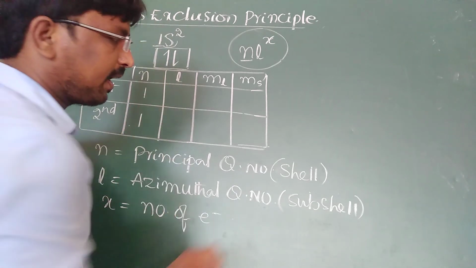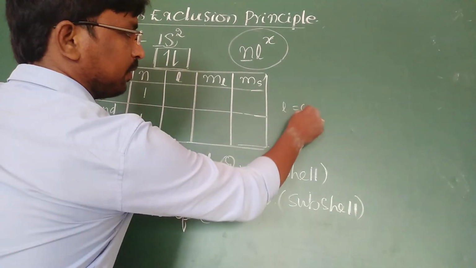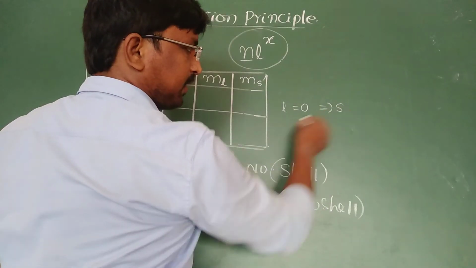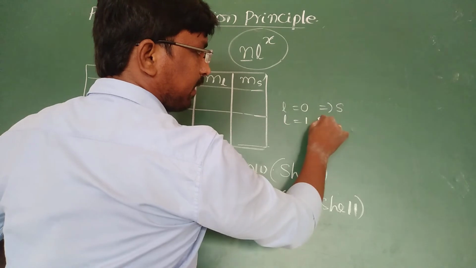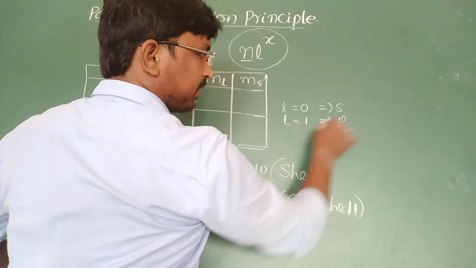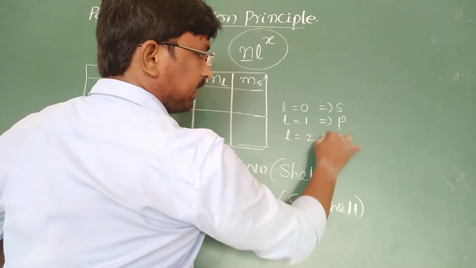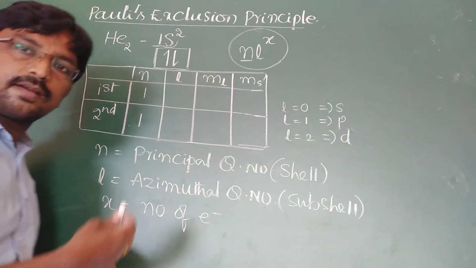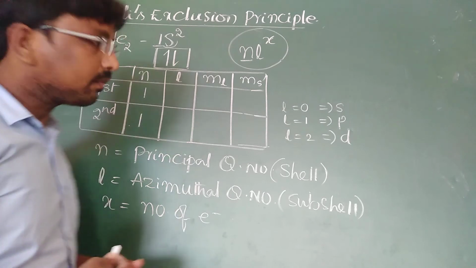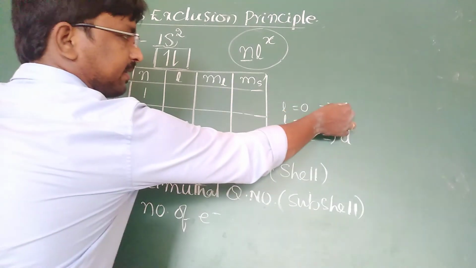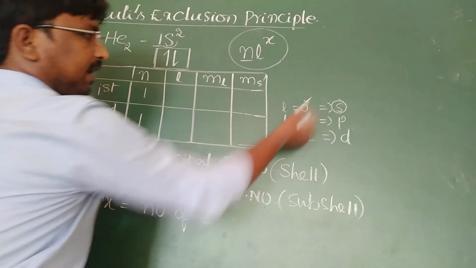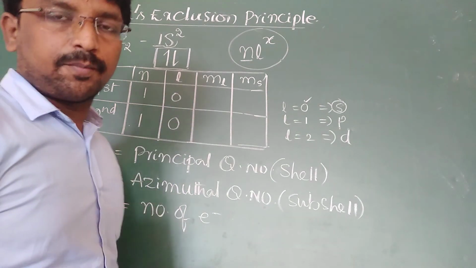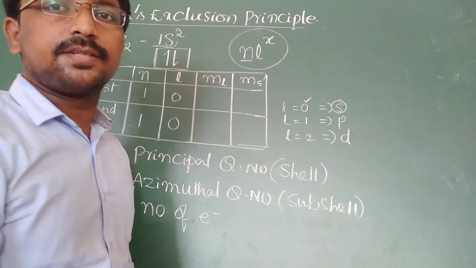For the s subshell, the l value is 0. If l is 1, it is the p subshell; if l is 2, it is the d subshell. Already we discussed this in the last videos. Here s is present, so the l value is 0 for both electrons.